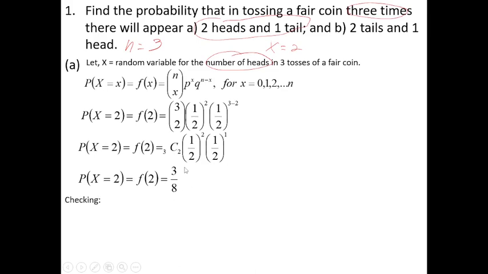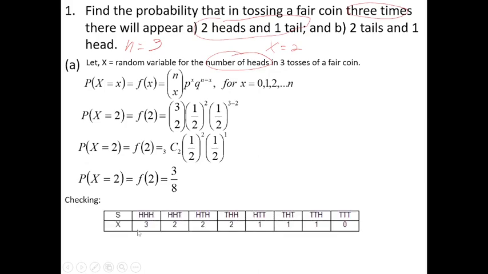Okay? So here's the checking. You may list all the possible outcomes: head, head, head, head, head, tail, and so forth. And then the random variable value for every outcome. So we have 3 heads, 2 heads, and so forth.